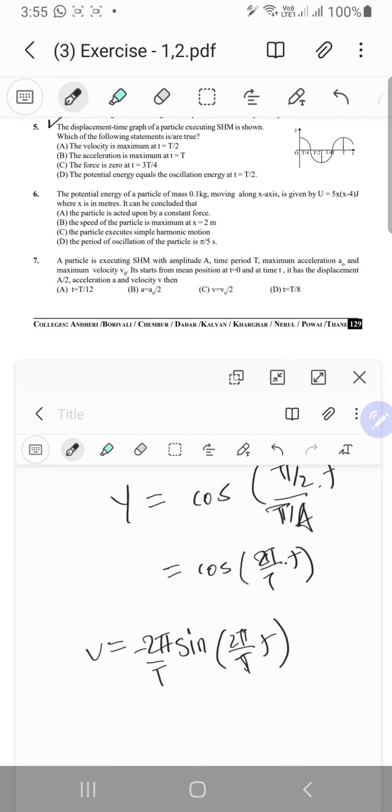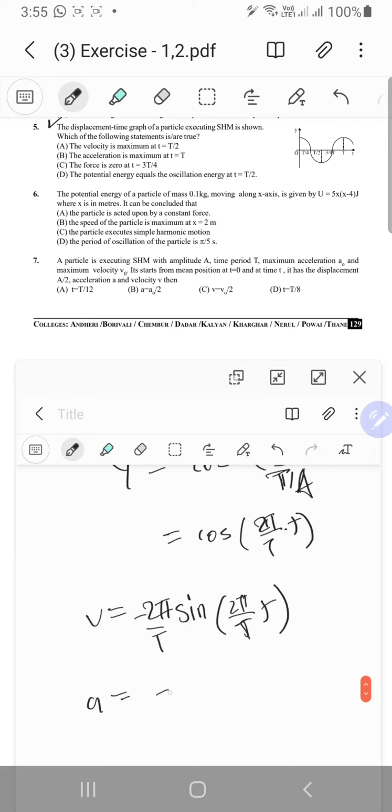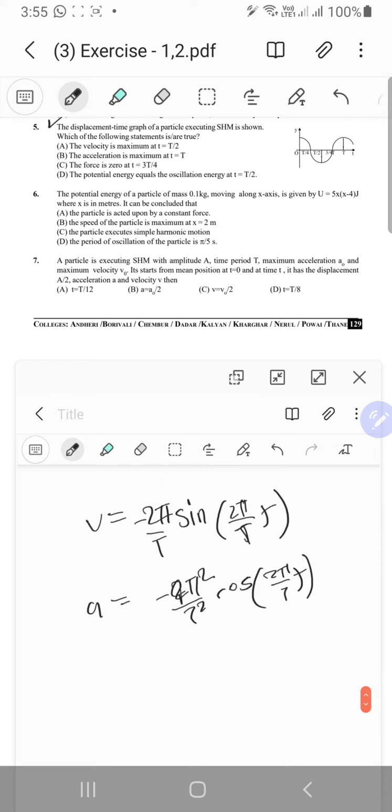The acceleration is maximum at t equals capital T. Okay, so acceleration is minus 4 pi squared upon T squared cosine of 2 pi by T into small t. It's maximum at t equals T. Well, that would be cosine of 2 pi. Its vector quantity is negative, but its magnitude is in fact the maximum.